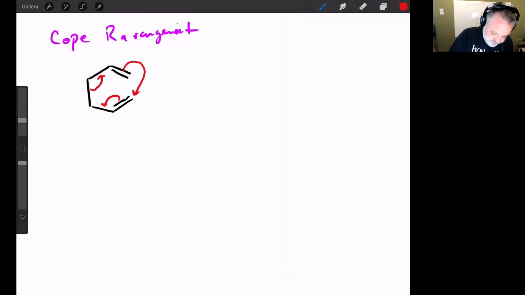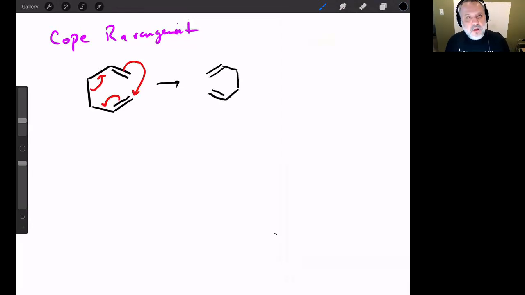So look what happens. There's no net change in the number of sigma bonds or the number of pi bonds. It's just a difference in where they are, okay? And so one might even say that there's no reaction here because it's essentially the same molecule.